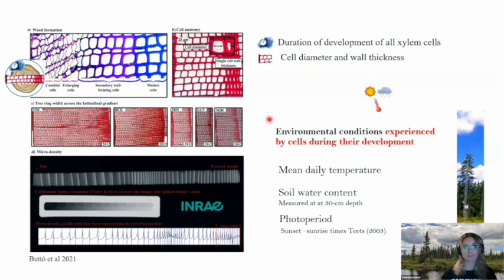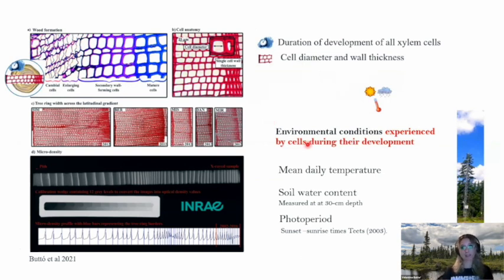Then finally, I produced a dataset in which I computed, for each tree ring, the number of cells, and for each cell, I had the duration of the developmental dynamics and the cell traits related, diameter and wall thickness.